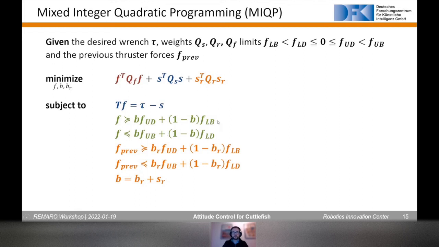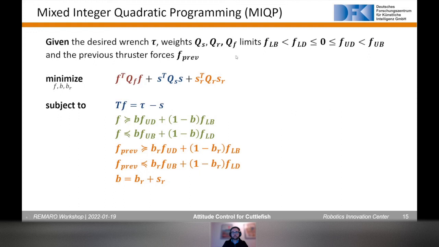But let's first look at these two green equations here. They take care of avoiding the dead zone. How does this work? We introduced this variable b, which is a decision variable, but it's a binary decision variable, so it can only take 0 and 1.